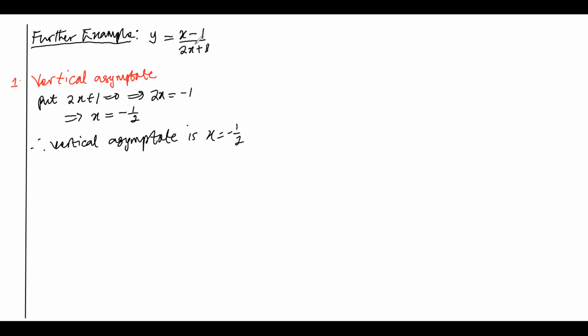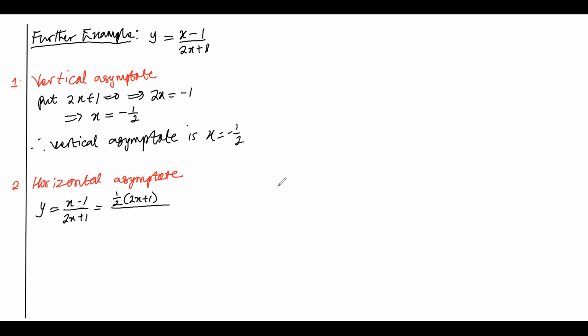So the next question is horizontal asymptote, and that's what we have just done. y equals x minus 1 divided by 2x plus 1. So I need my 2x plus 1 in the brackets. But I want to get x, so this has to be 1 over 2.